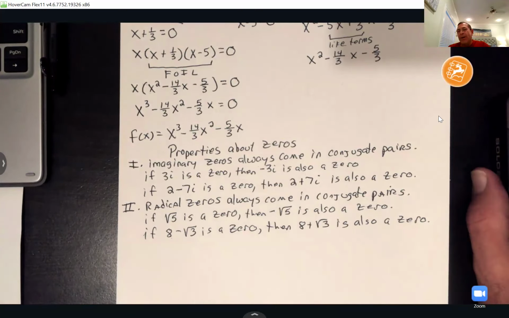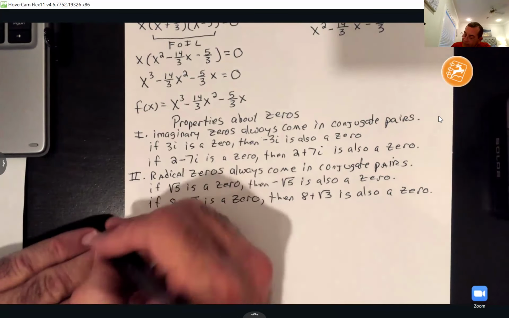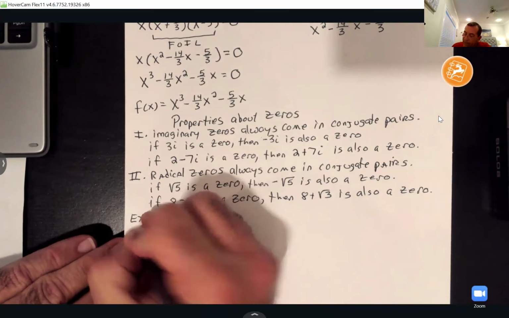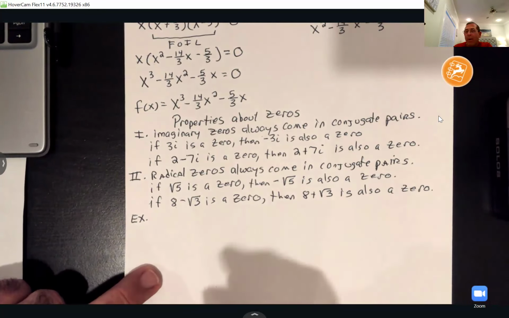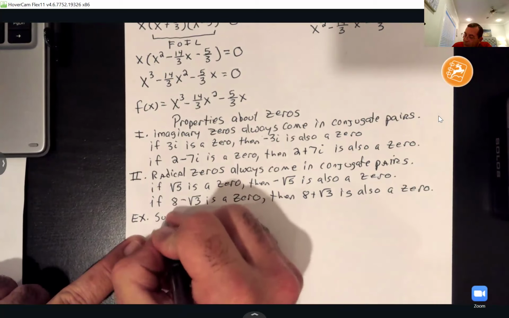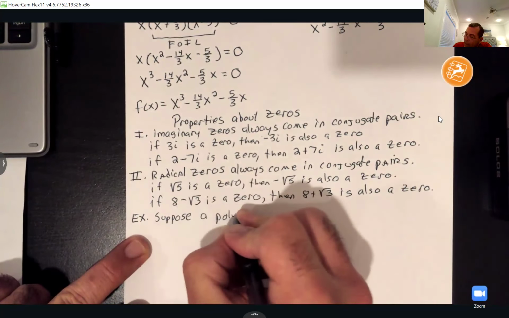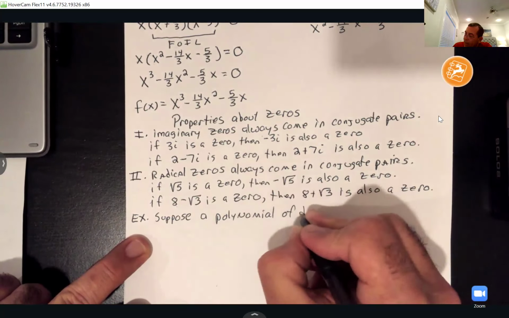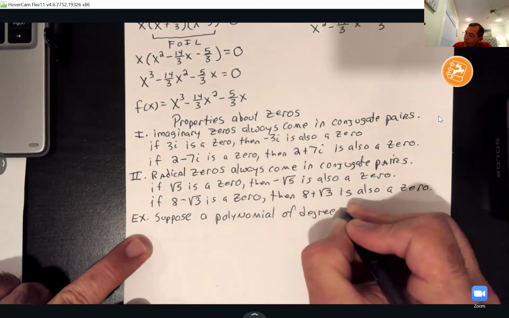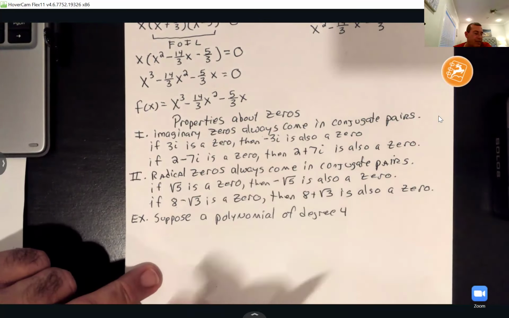So why do we got to know this? Well, y'all watch this example. Y'all, these are the last few examples I'm doing going over this kind of stuff.